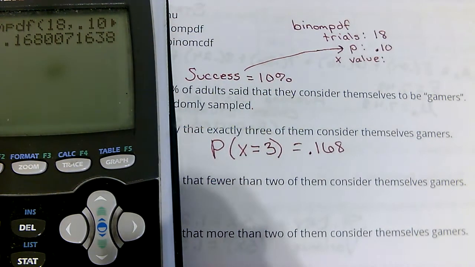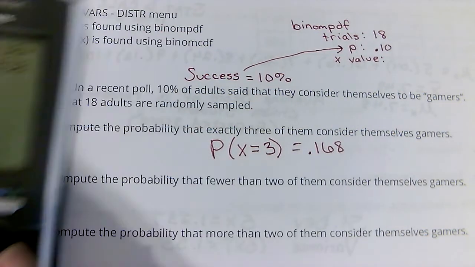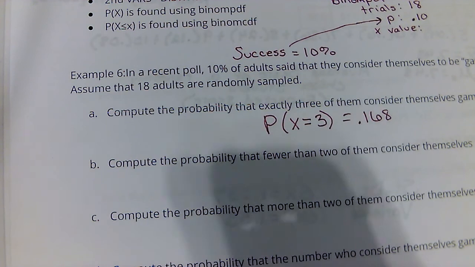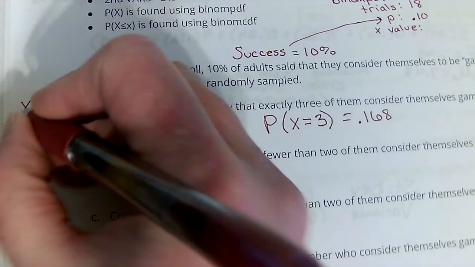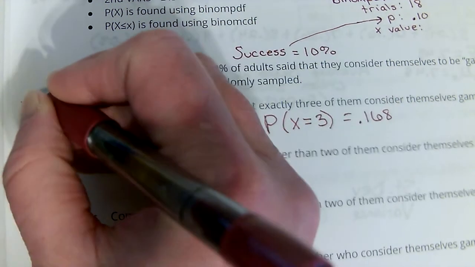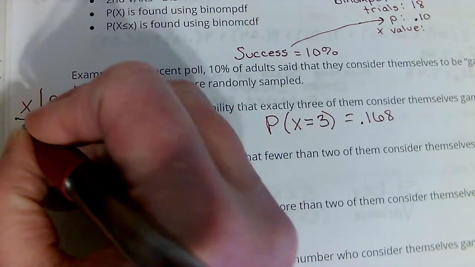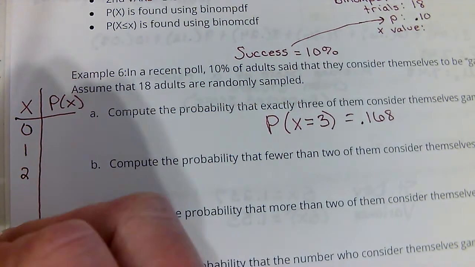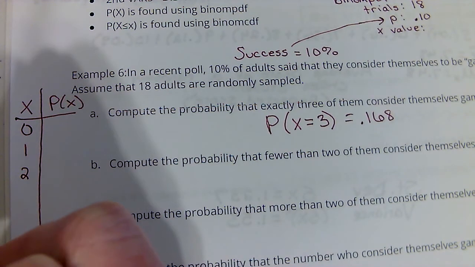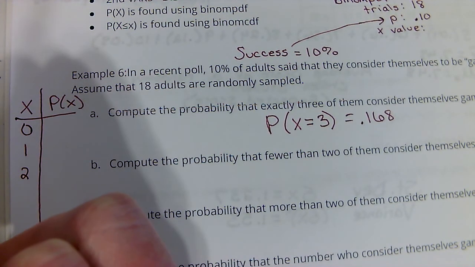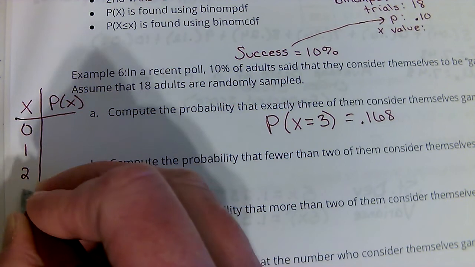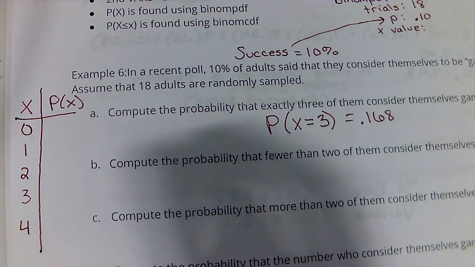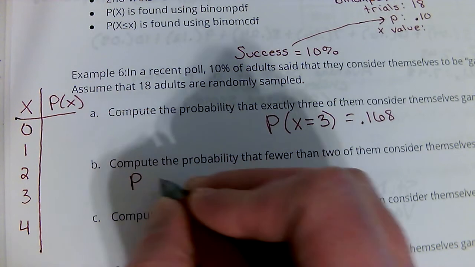Now sometimes it's helpful on these problems to actually make a table of all the options. I find that to be helpful. So X and P of X. We already know the probability of 3. On the next one it said fewer than 2, so that means the probability of 0 or 1.